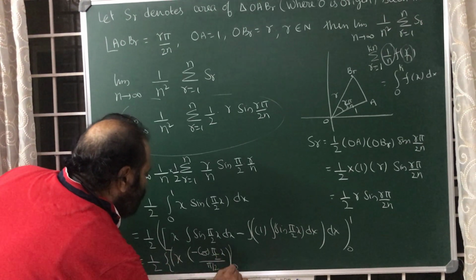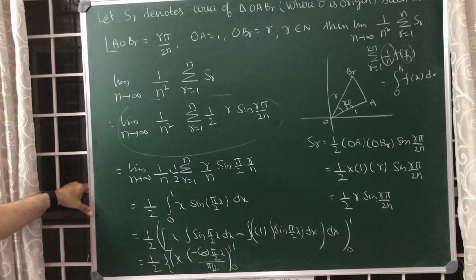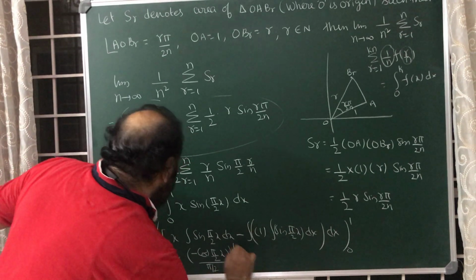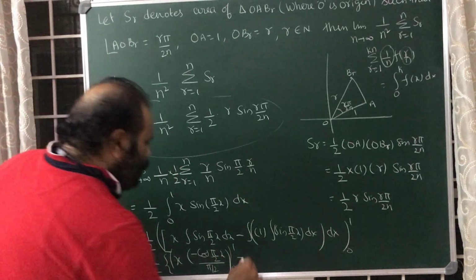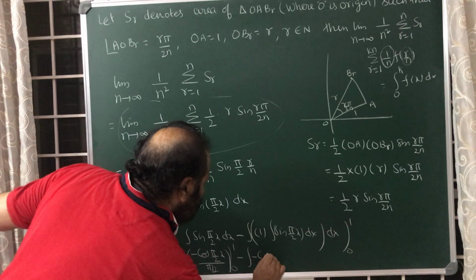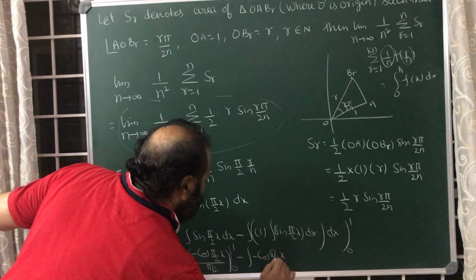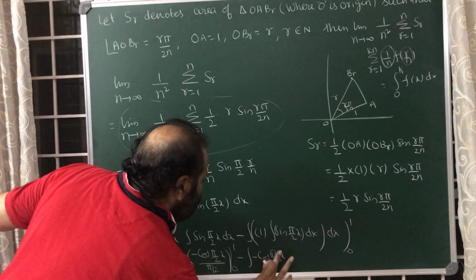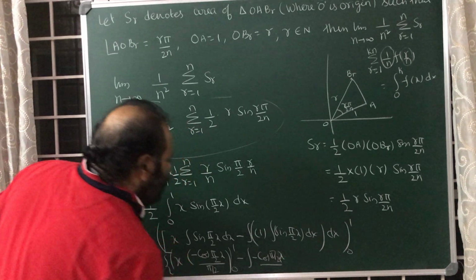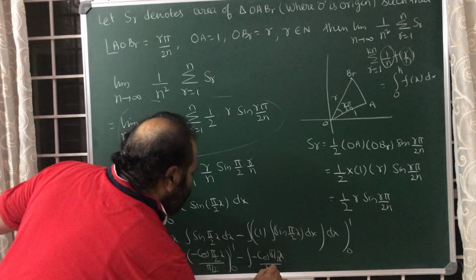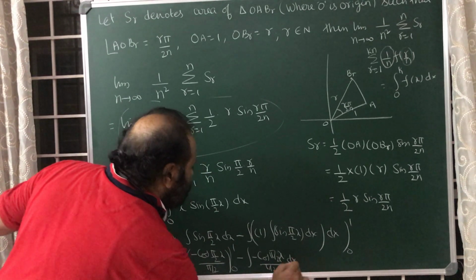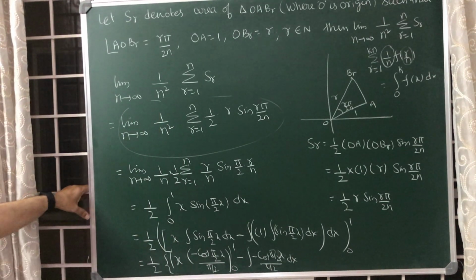I want to substitute the limits here, 0 to 1. So minus the integration of minus cos pi by 2x divided by pi by 2, means one more integration is required here, dx.